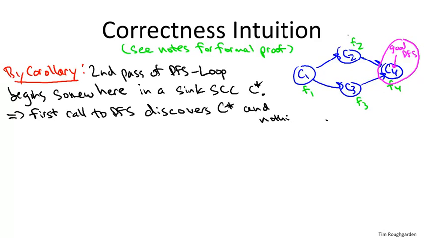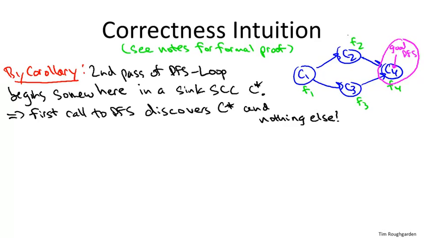Now here's where I'm going to be a little informal, although again everything I'm going to say is going to be correct. So what happens now once we've discovered everything in C4? Well, all the nodes in C4 get marked as explored as we're doing depth-first search, and then they're basically dead to us, right? The rest of our depth-first search loop will never explore them again. They're already marked as explored. If we ever see them, we don't even go there. So the way to think about that is when we proceed with the rest of our for loop in DFS loop, it's as if we're starting afresh.